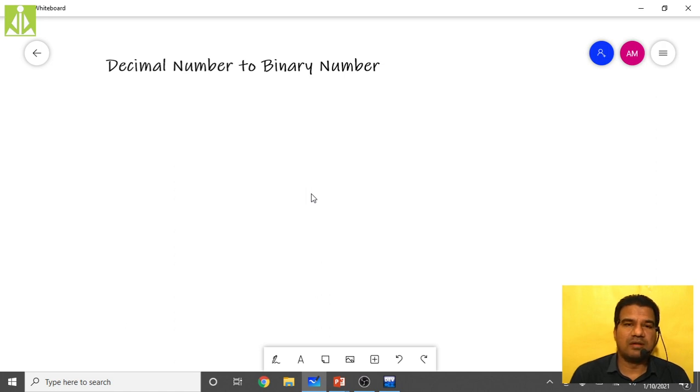Whatever number system we follow, the regular number system like 1 to 10, we call that the decimal number system, where we have 10 digits including 0. In order to frame the 11th digit, we have to use 1 followed by 0. Likewise we are doing, isn't it?